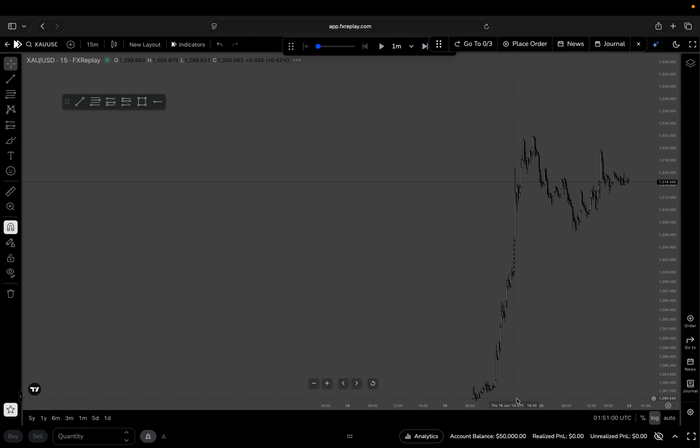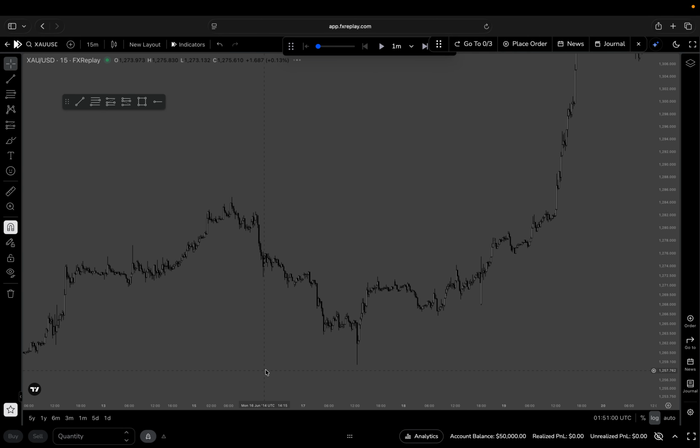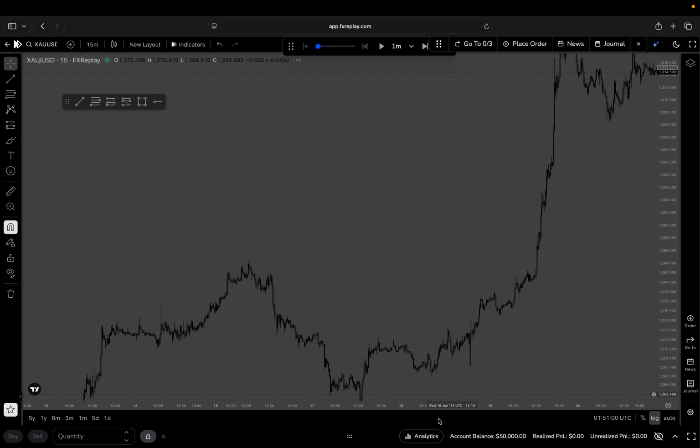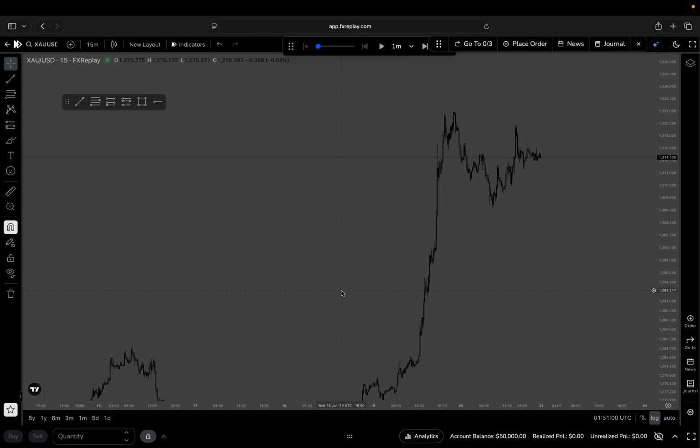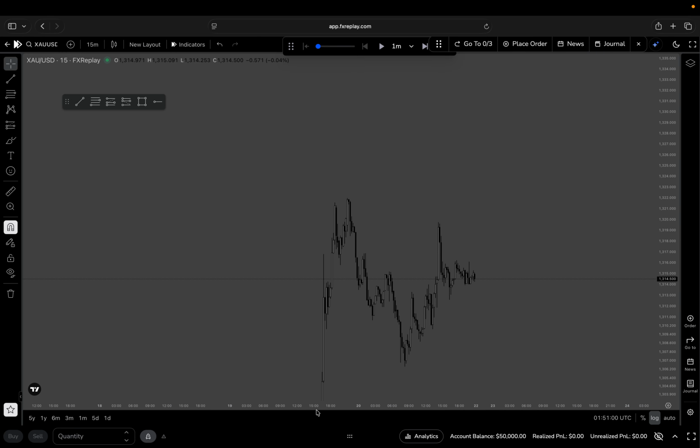Okay. Identify the swing. Identify the swing. So there's no previous structure. So let's see where we go. Okay, so this is the next swing here.